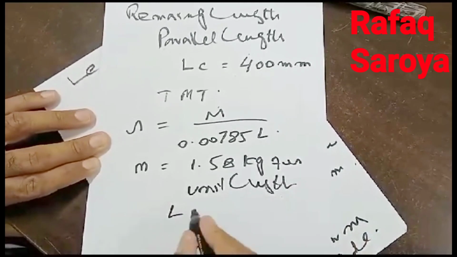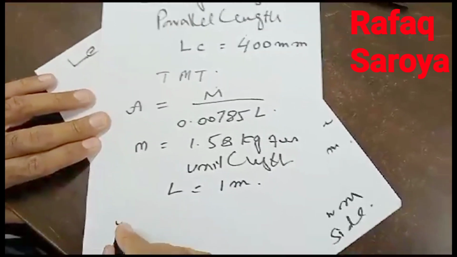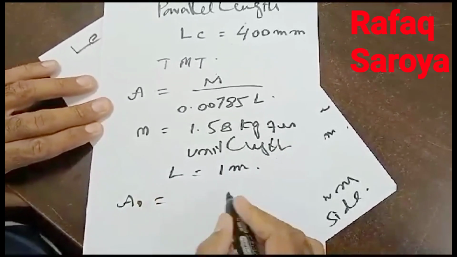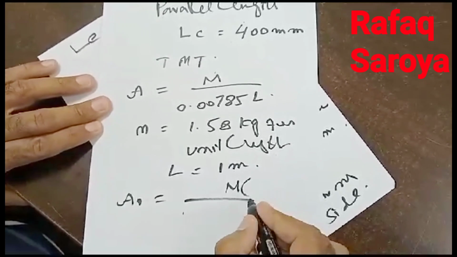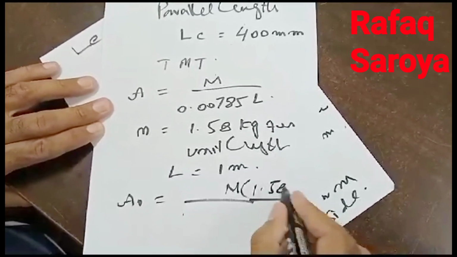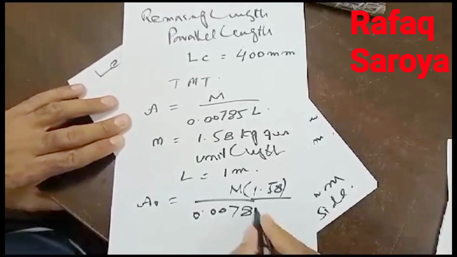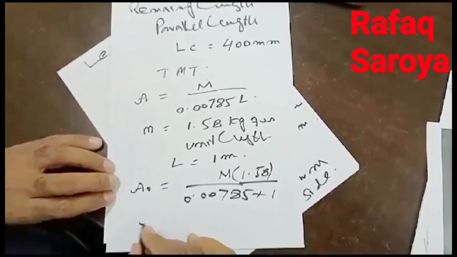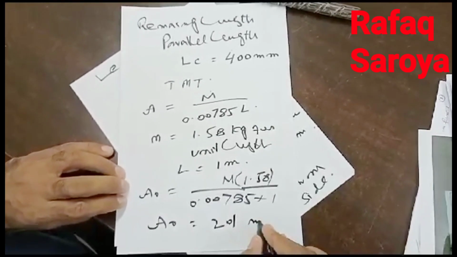Unit length means L is equal to 1 meter. If we calculate the area of cross section this way, M is replaced by 1.58 and the other one is 0.00785 into L. The area of cross section comes out to be 201 mm square.